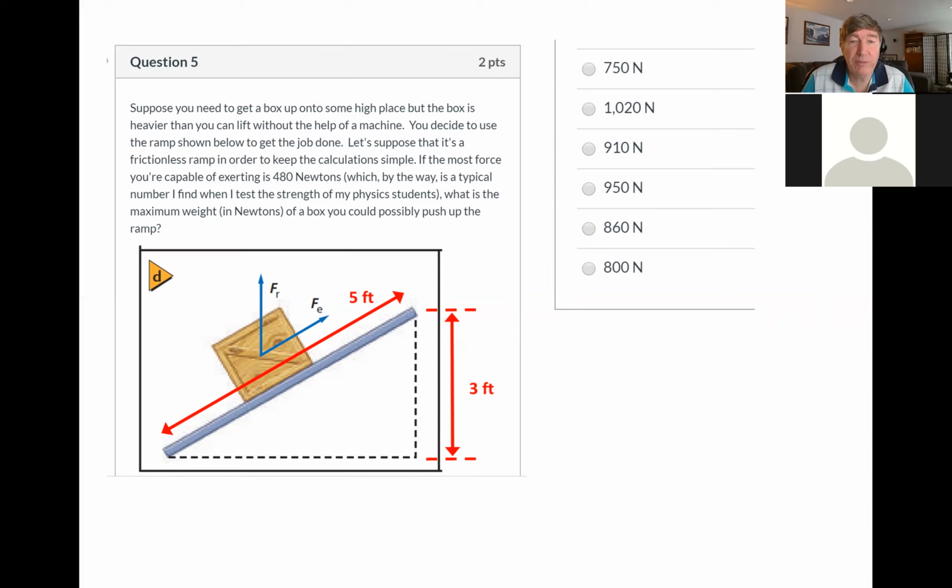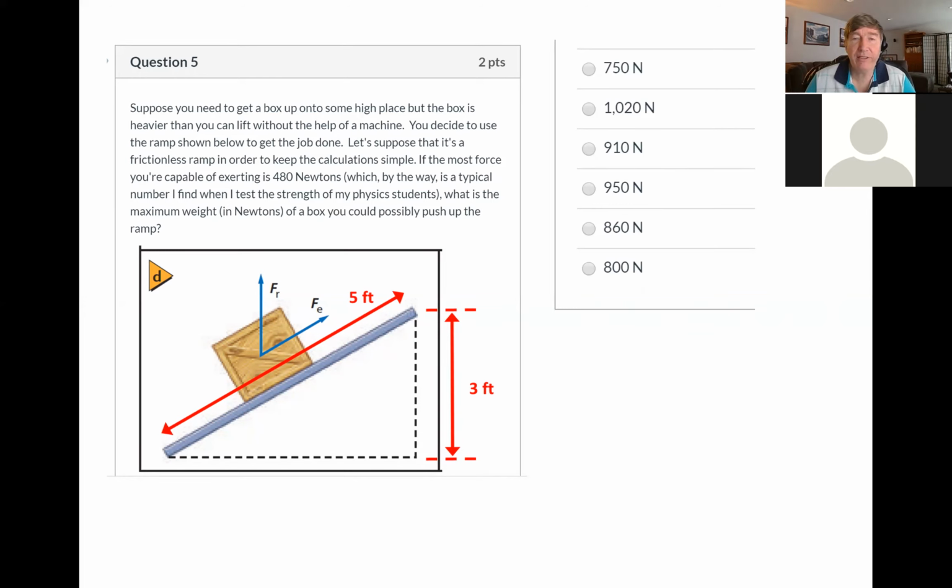My first step would be to calculate the IMA of this machine, the ideal mechanical advantage. I'm curious to know what you come up with. Just the first step only: what is the IMA of this ramp? I need a couple people there.